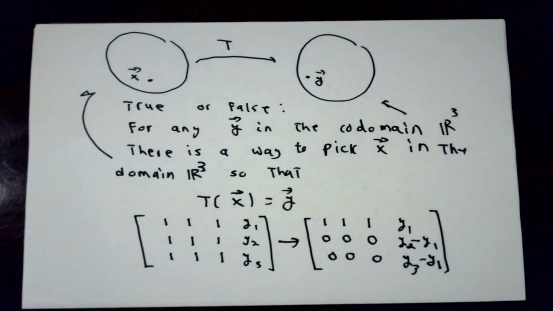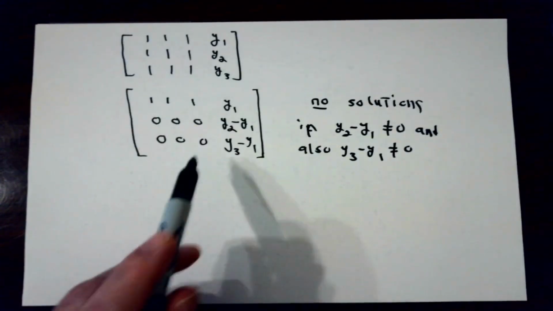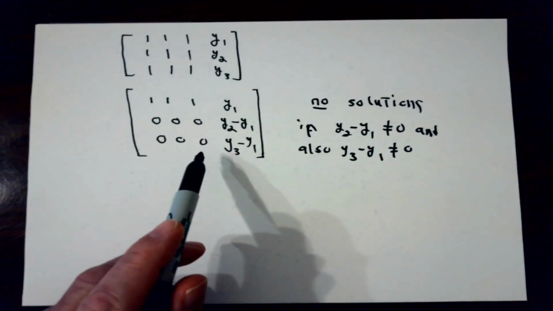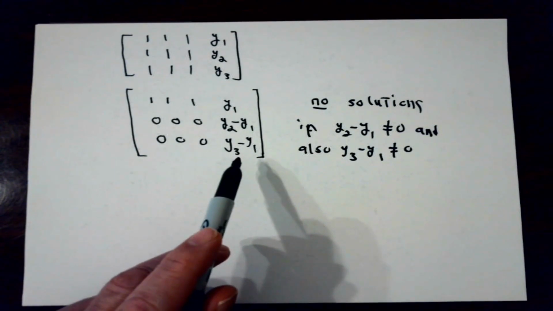Select a vector in R3 over in the codomain and try to solve the system of equations T of x equals y, writing out the coefficient matrix and the y's. Then we do the row reduction in the usual way, and we see there's going to be a problem here. The bottom equation says 0 equals y3 minus y1.